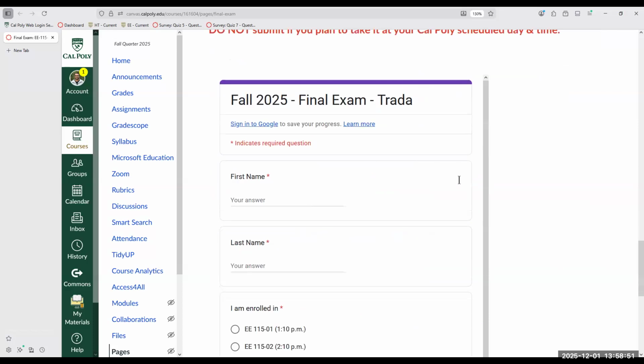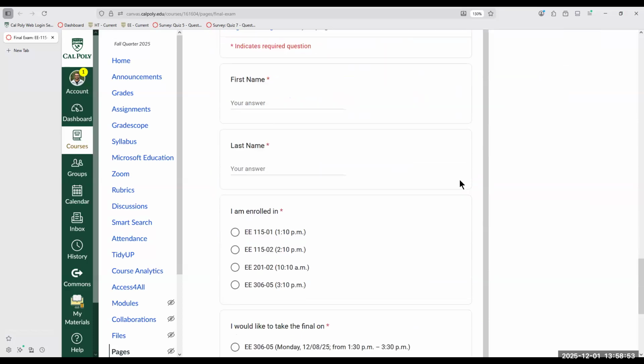And then the form is here. You submit this form only if you wish to take the exam at an alternative time. Again, for this section, the exam is on Wednesday from 1 to 4, according to the official Cal Poly schedule, so there would not be any time conflicts.